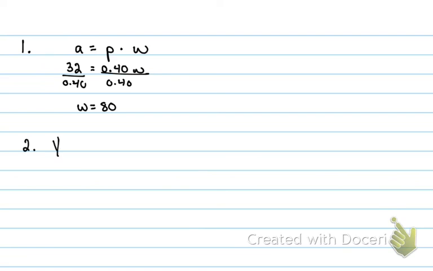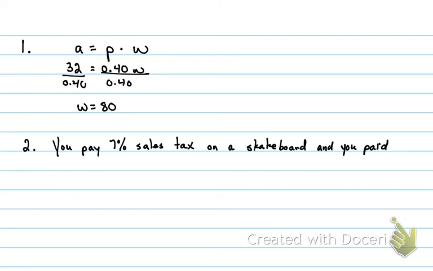So you pay 7% sales tax on a skateboard, and you paid $22 in tax.